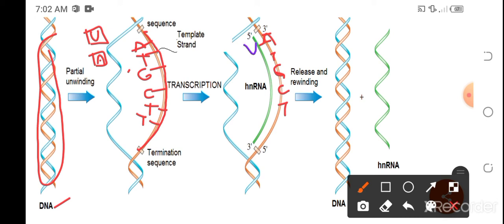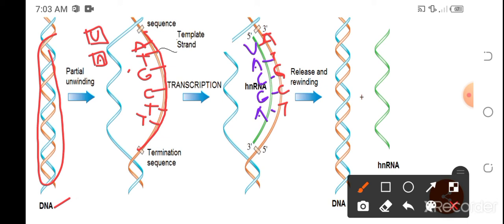So, A will have U, and then if this is T, this will base pair with A, and then G will base pair with C, C will base pair with G, T will base pair with A. Okay?